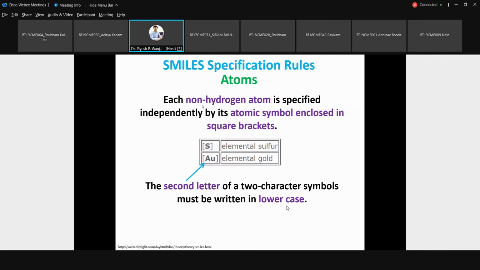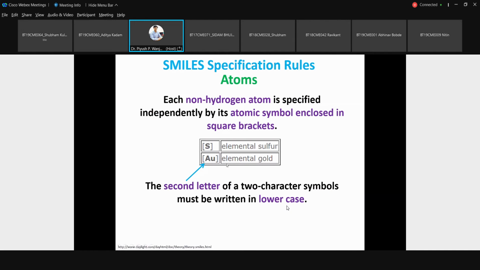If you want to represent a particular atom and you don't want to specify the hydrogens attached, for any non-hydrogen atom you have to put it in square brackets. When representing sulfur, if you just write S, it means the valences of sulfur are satisfied with hydrogens. But if you put square brackets, it means only elemental sulfur.